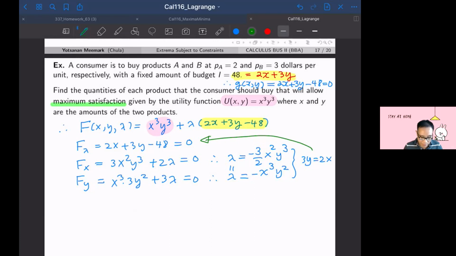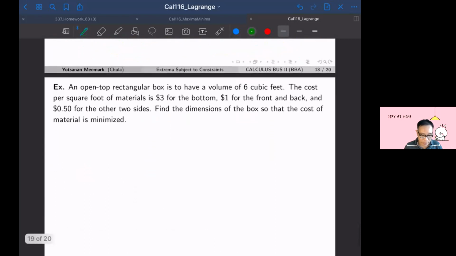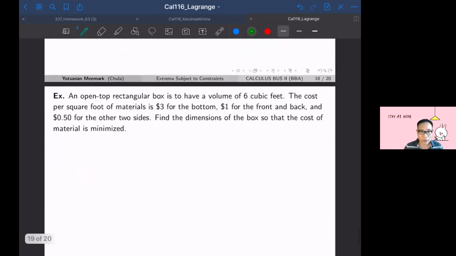Okay, the final one will be: you have an open top rectangular box that is to have a volume of 6 cubic feet. So again, you have a rectangular box.